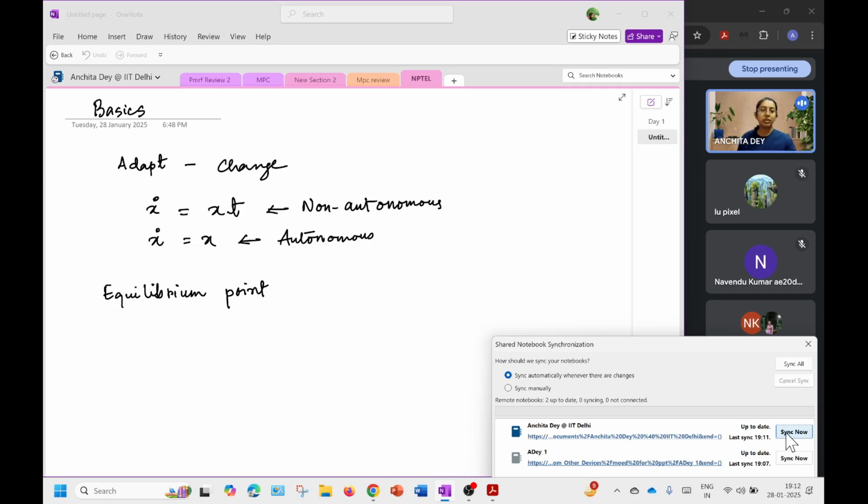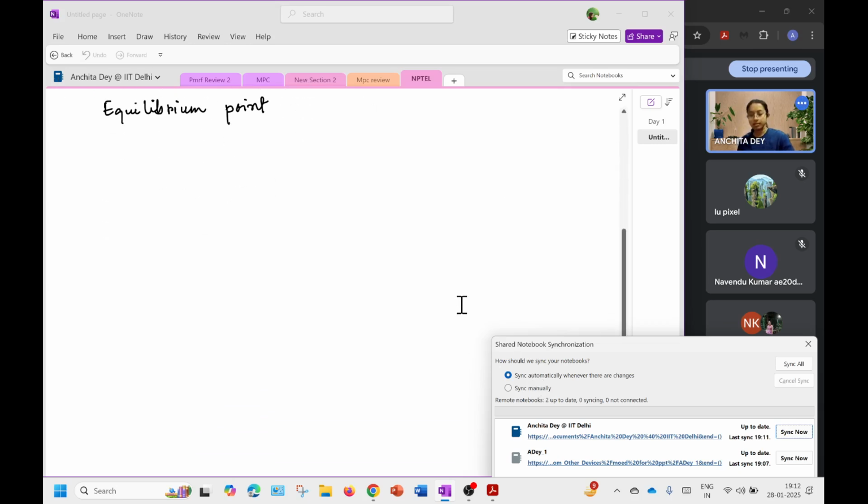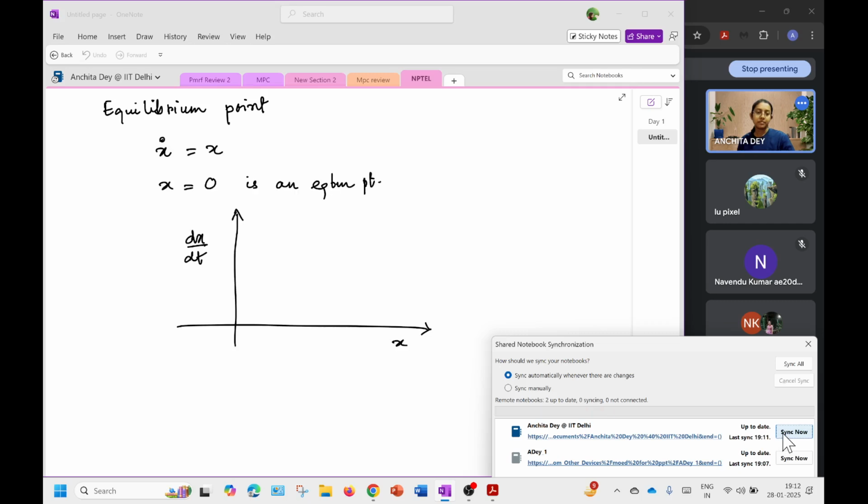What do we mean by an equilibrium point here? If you plot it this way, this is your x, this is your dx/dt.